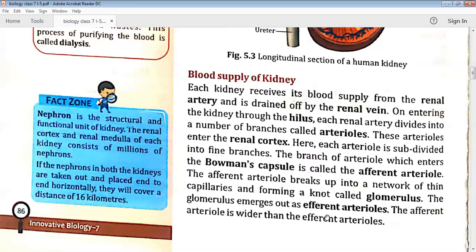The hilus is the main opening through which the arteries will enter. The renal artery divides into a number of branches called arterioles. These arterioles enter the renal cortex. Here each arteriole is subdivided into fine branches.